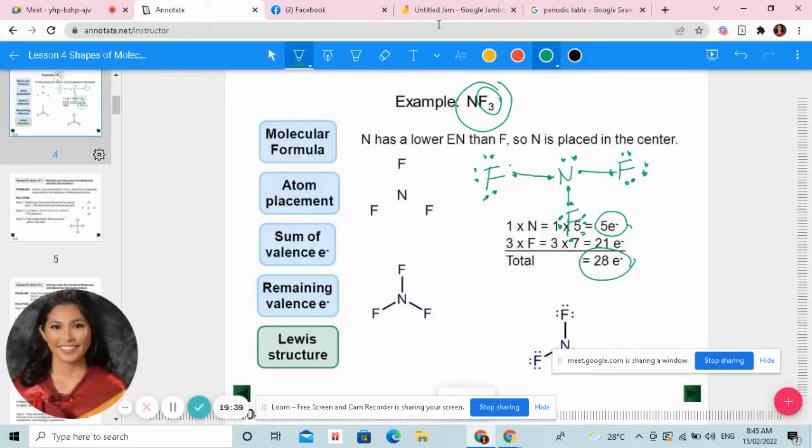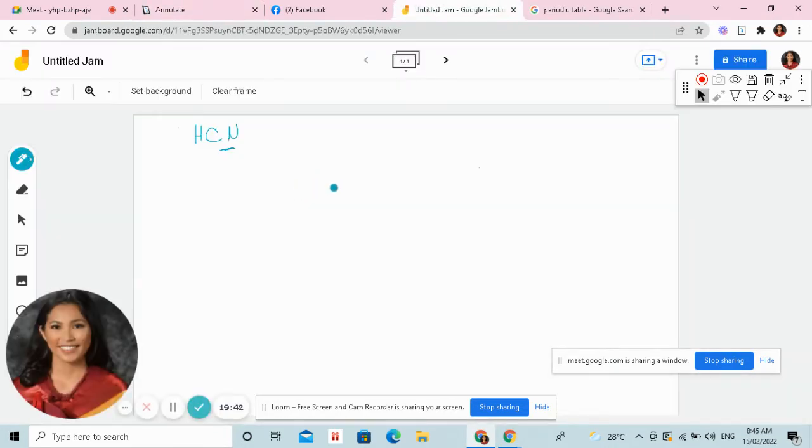Okay, so you have your carbon. Then what about your N? So let's write that one. We can have H also here. Now, how many valence electrons does your carbon have? Four. For carbon, we have 4 times 1, that is 4.